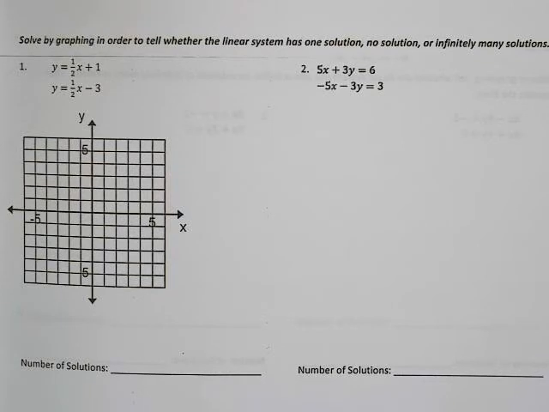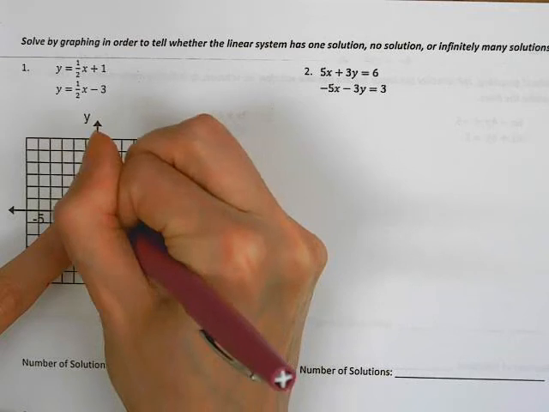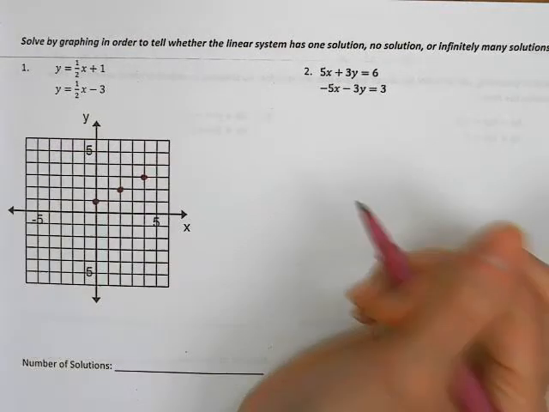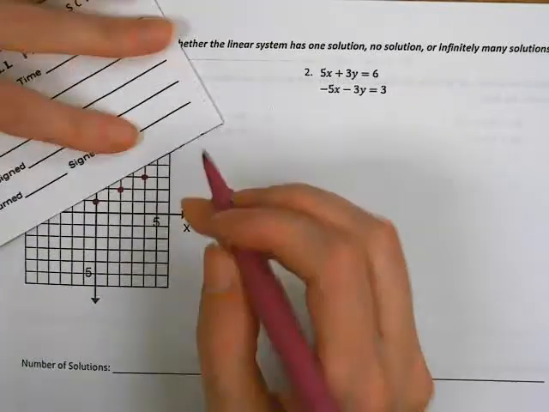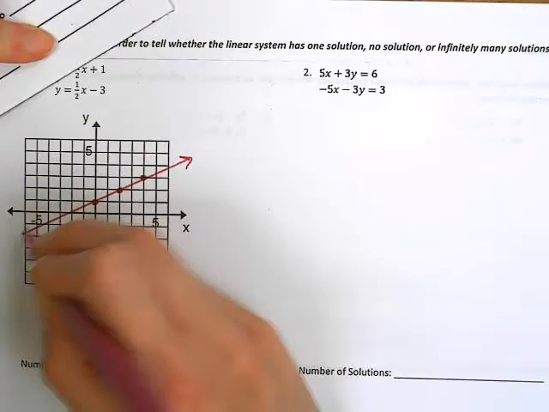So let's start there. So number one, we're going to graph the two lines and see what happens. So this one, we begin at 1, and the slope is up 1, right 2, up 1, right 2. All right, so that's our first line. And then go ahead and graph the second line.